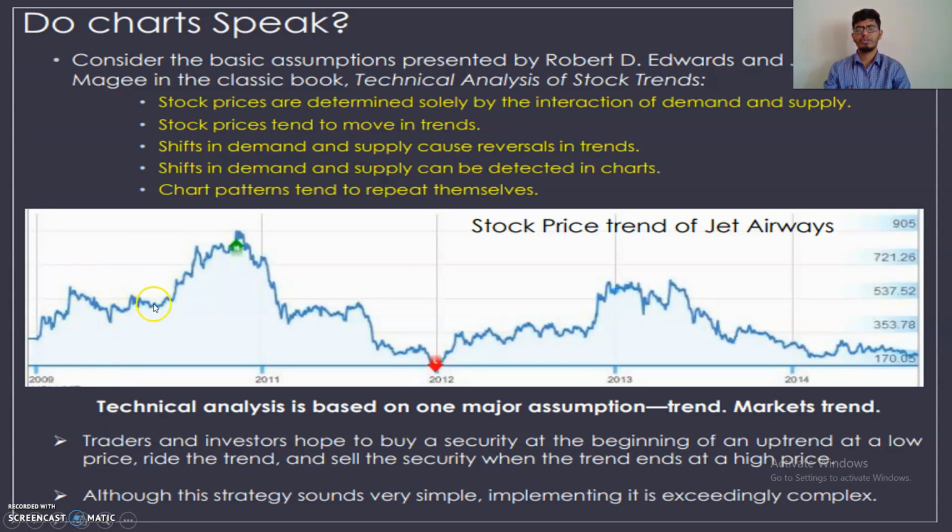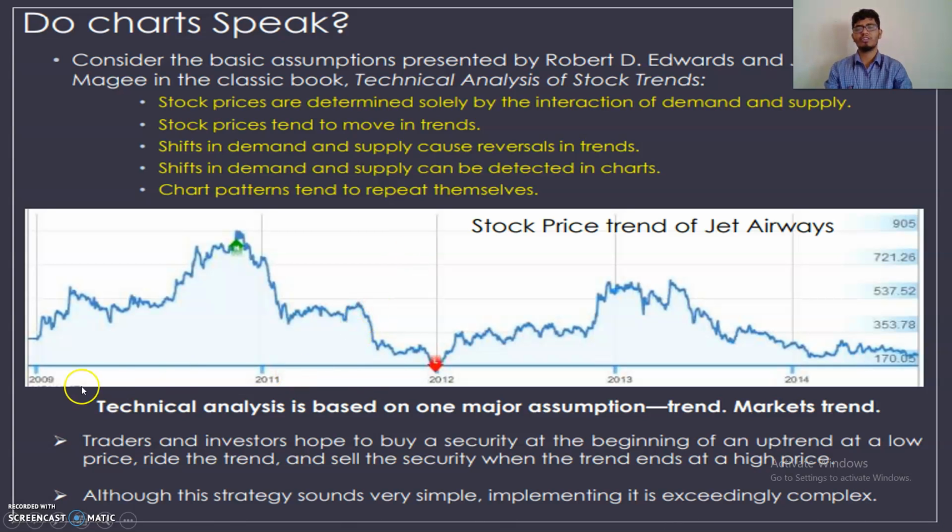The traders would like to buy the stocks, and at the end of the high price, here or here, at the end of this particular point, the traders would like to sell their securities. Although this strategy sounds very simple, implementing it is exceedingly complex. It looks very simple, but implementing it is not easy.